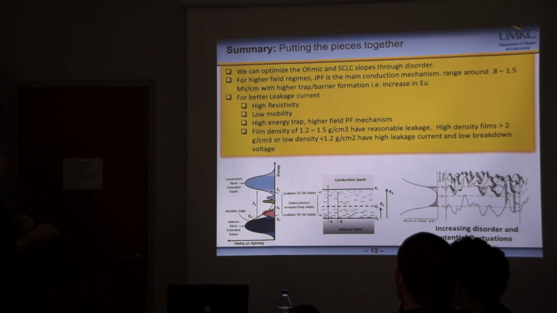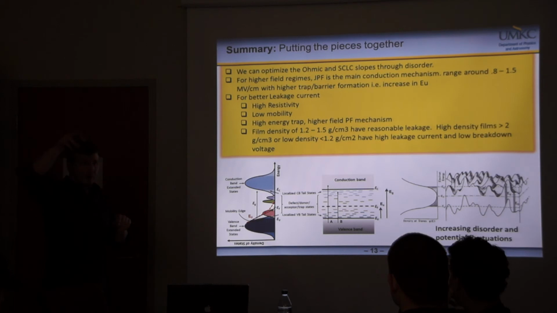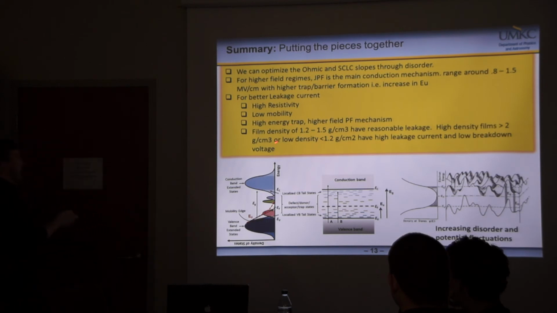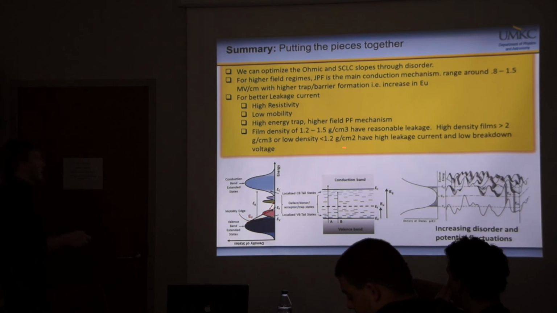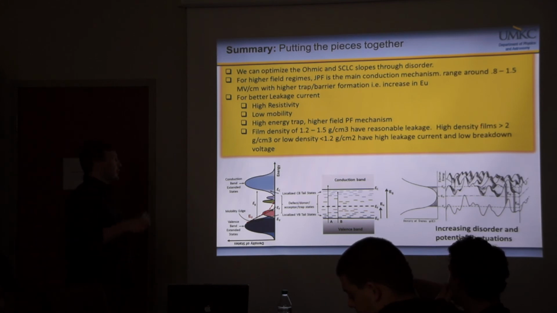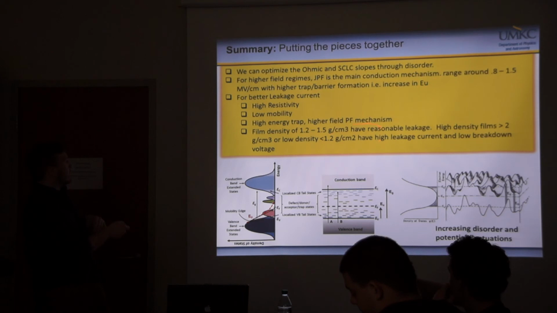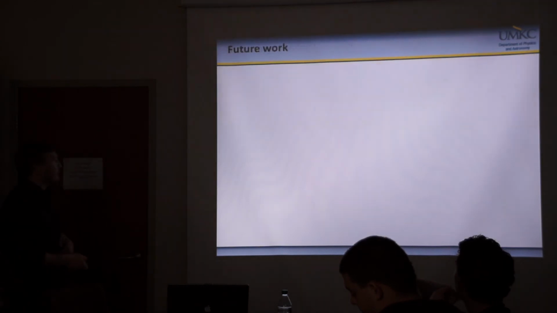And then in the higher field range, where the Poole-Frankel mechanism takes over, which is multi-step tunneling hopping through the gap, we want a higher energy gap, i.e. it takes more energy to get charges out. And for film density, we see that for a really high density film or a really low density film, the leakage current is really high and the breakdown is really low, and we can optimize the leakage current with a middle film density.